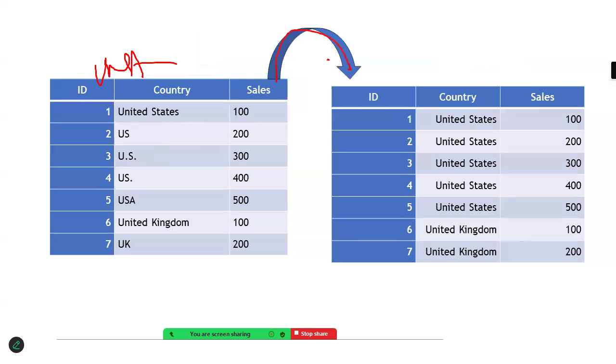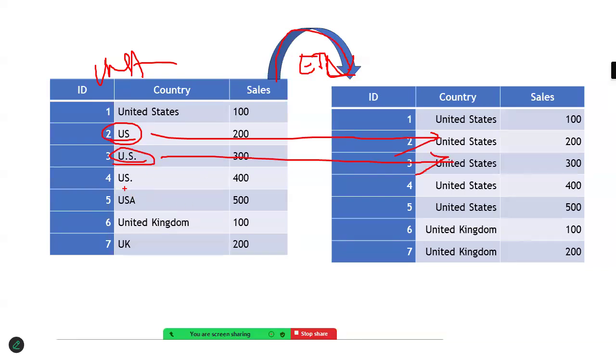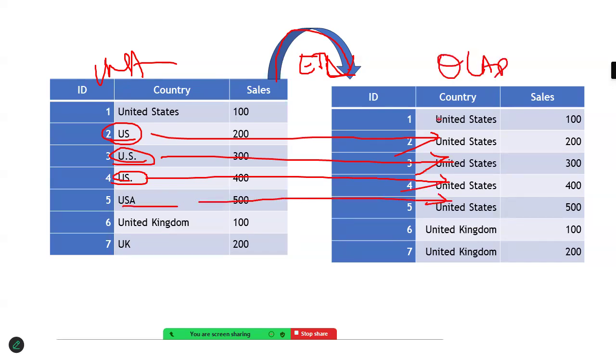When this data goes to the OLAP through ETL, you'll convert US to United States, U.S. to United States, USA to United States. Now in OLAP, all the country names are in the same format. That we call structured. This is unstructured and this is structured, guys. That's what we are saying.